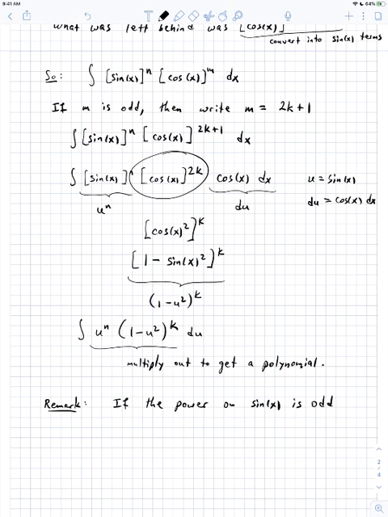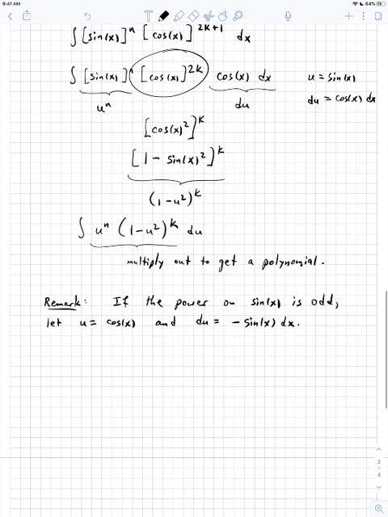So here we were looking if the power on cosine is odd. If the power on cosine is odd, you use u equals sine of x as your substitution. So if the power on sine x is odd, you just switch everything. So if the power on sine x is odd, let u be equal to cosine of x. And du is then minus sine of x dx. But then you proceed in the same way.